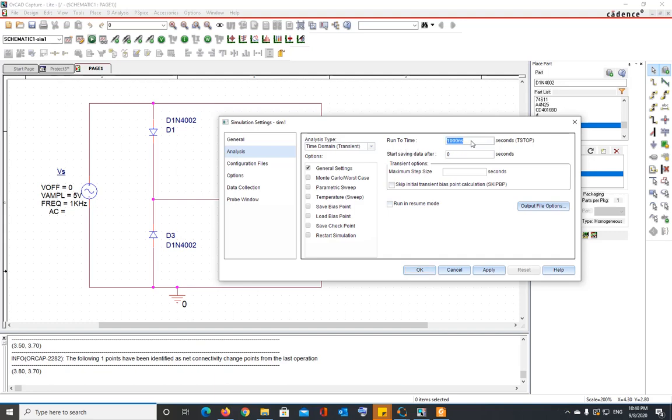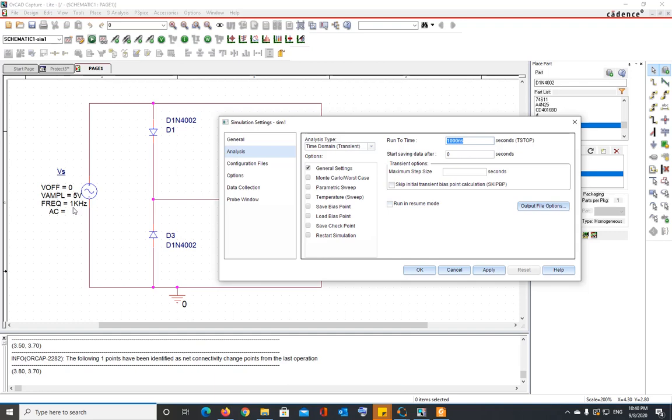So how much time do you want to run the circuit for? Let me just tell you, if it is not given to you, but if you're using the AC waveform, the sinusoidal waveform, a good estimate of how long you want to run the circuit is about 3 to 4 cycles. The frequency of this circuit is 1 kilohertz.